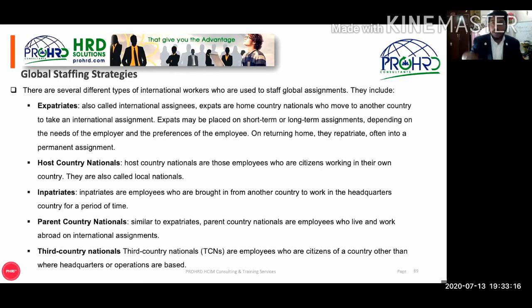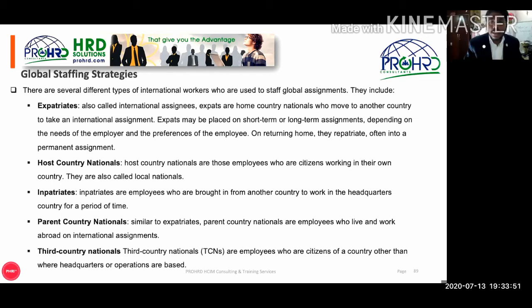For example, I, being an Indian, or you, being an Egyptian, come to another country. That is expatriates. If Coke in Kuwait, we also have Coca-Cola, if US people, the parent country nationals, come and work here, they are called parent country nationals. Understand?